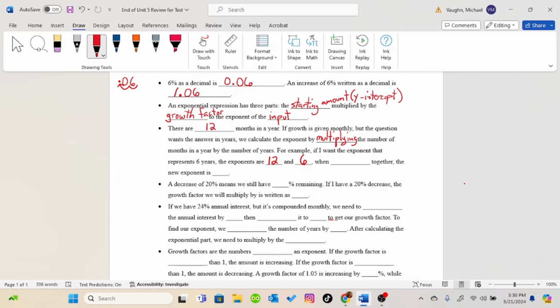When blank together, I just said it, when multiplied together, the new exponent in this case would be 72. So if I am compounding monthly for 6 years, I would end up compounding 72 times, because that's 12 times a year for each of the 6 years, for a total of 72 times.